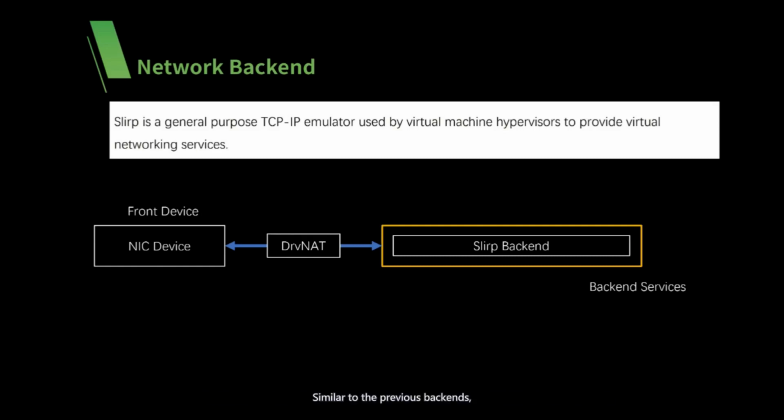Similar to the previous backends, it also has a unified interface, DrvNAT. Therefore, the network device attack surface has added the DrvNAT and SLIRP backends.